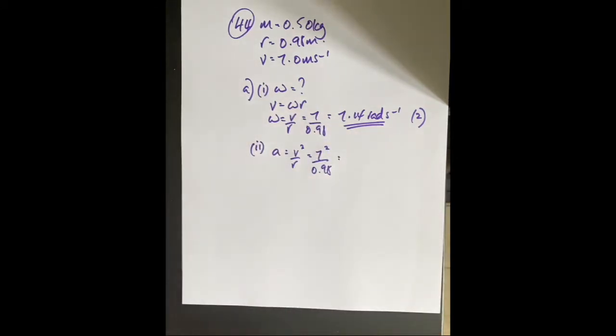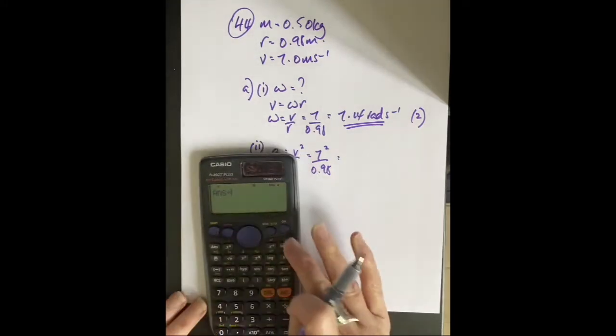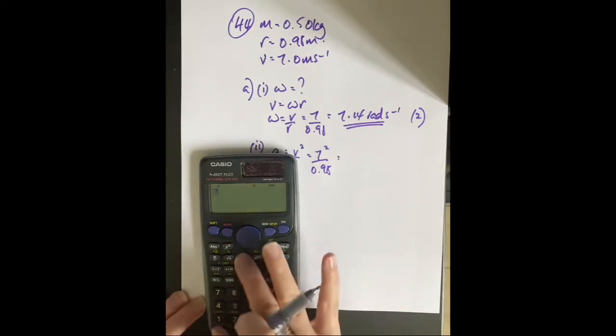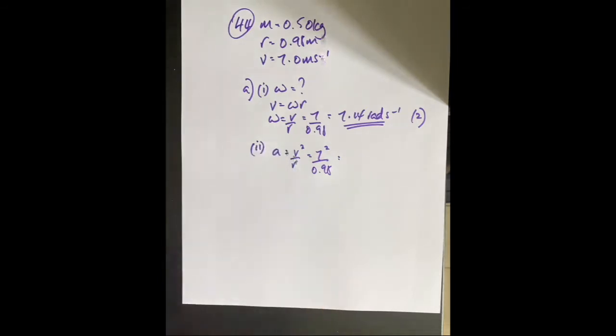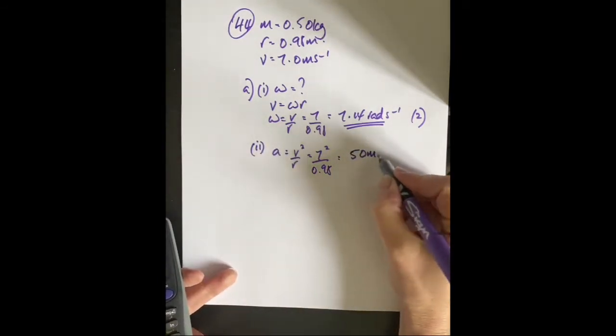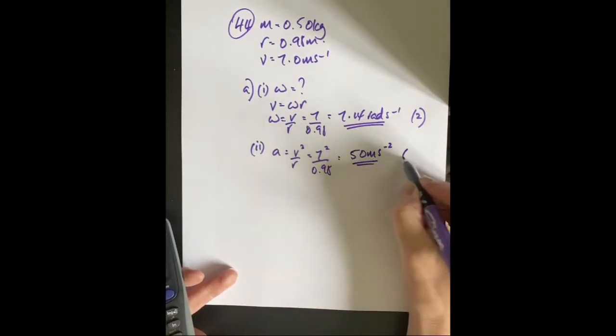And that is 50 meters per second squared. Same as before, there's a unit mark there.